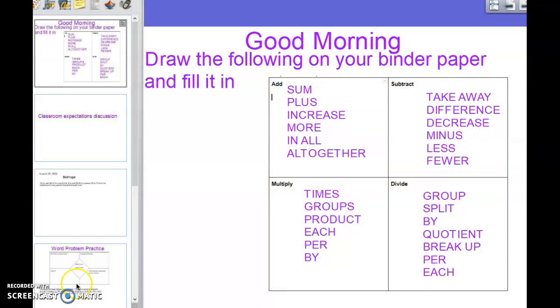Okay, here are the words that we came up with. For add, we've got sum, plus, increase, more, and all together. Subtract: take away, different, decrease, minus, less, fewer.